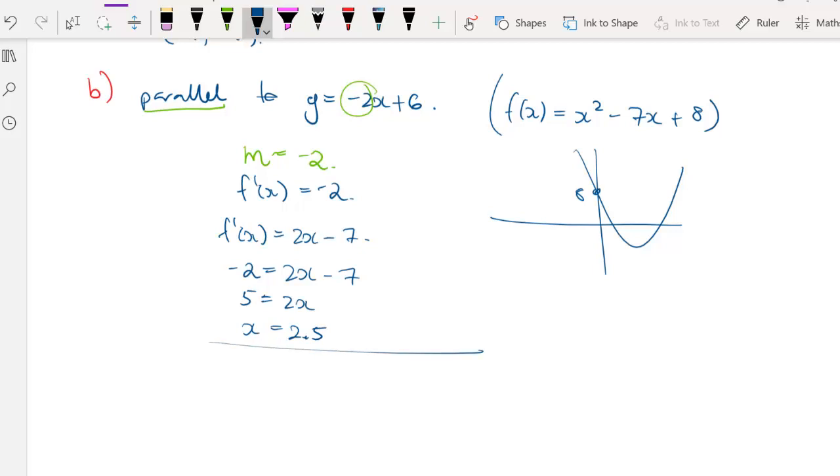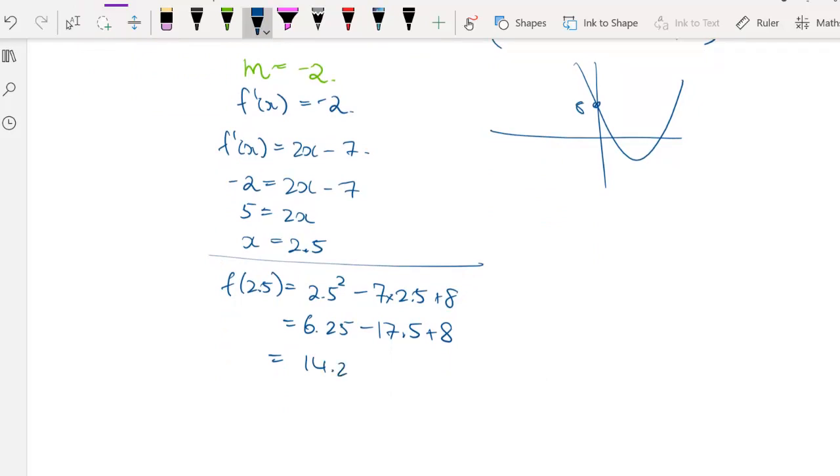Now if we put that back into the original, we've got f of 2.5 is equal to 2.5 squared take 7 by 2.5 plus 8. That'll be 6.25. Subtract 17.5 plus 8.